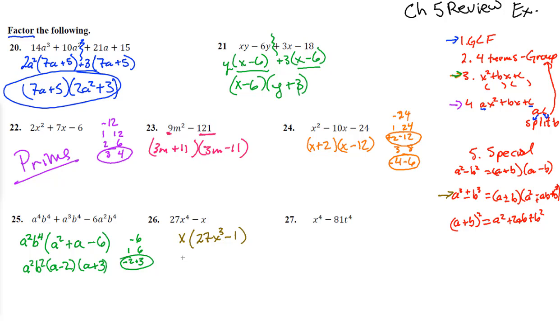So we're going to have to break it up with a cubed minus b cubed. So we'll follow these signs down here. So a is 3x and b is 1. That's what a and b are, because this is now a cubed minus b cubed. 1 is a perfect cube.